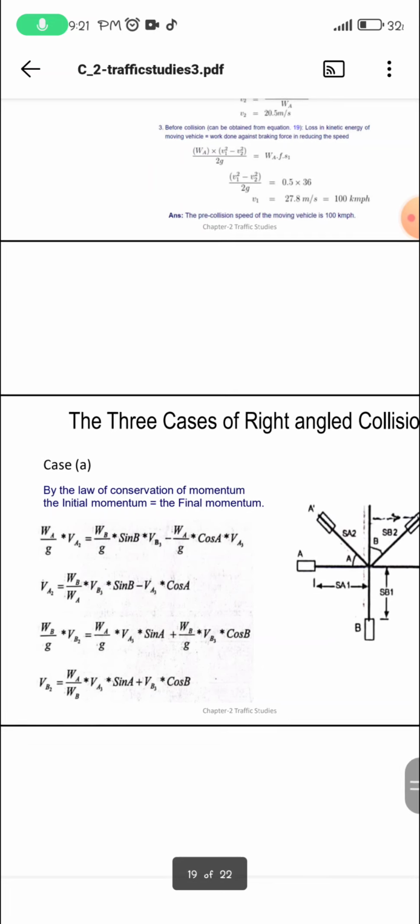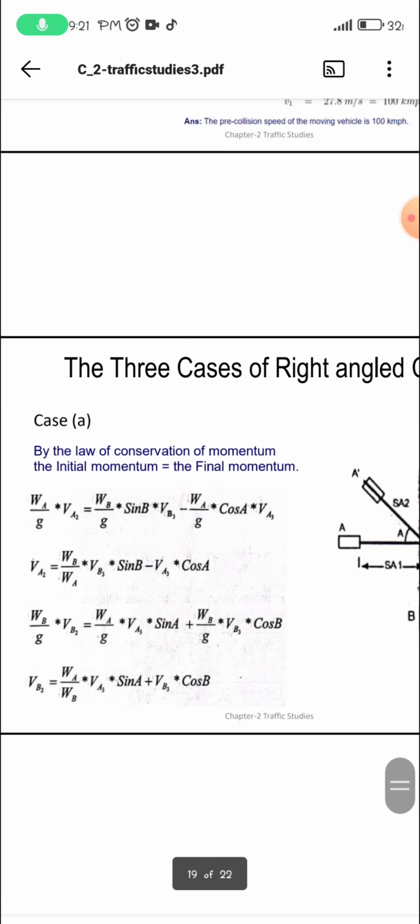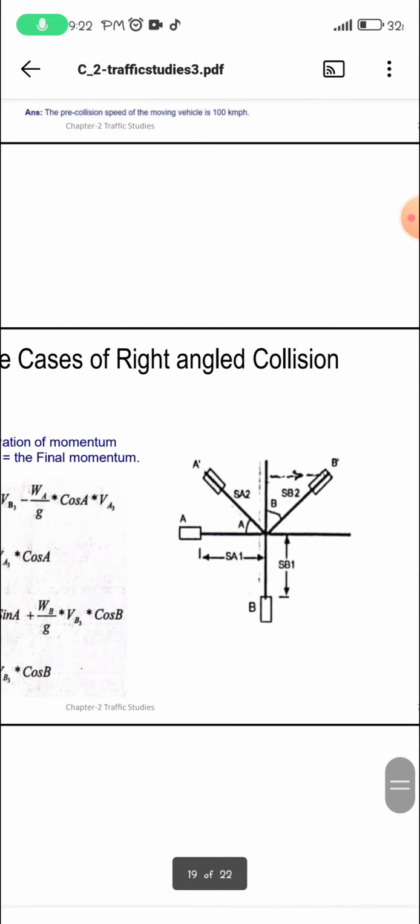The two cases of right angle collision. Case A. By the law of conservation of momentum, the initial momentum equal to the final momentum.